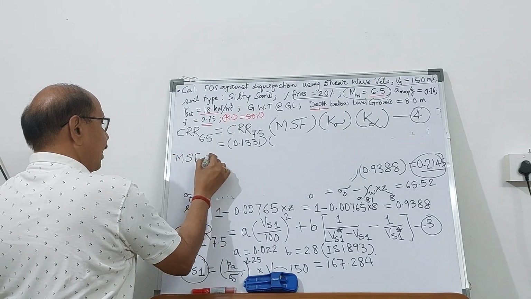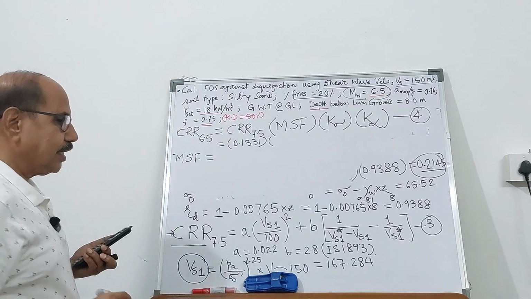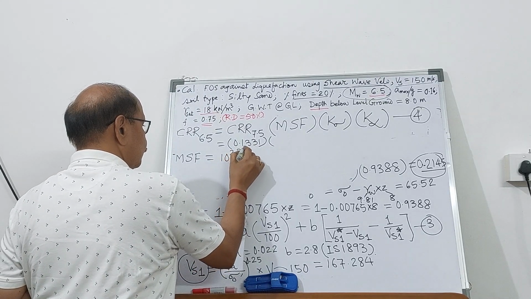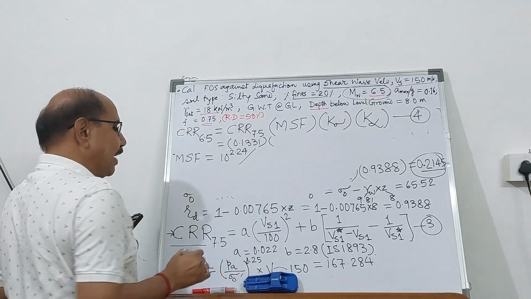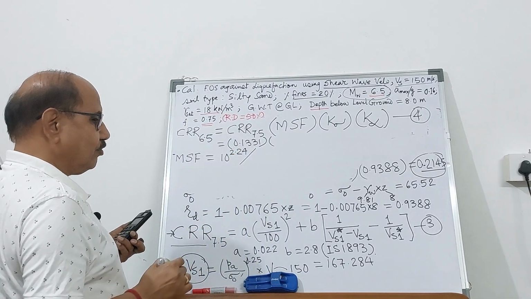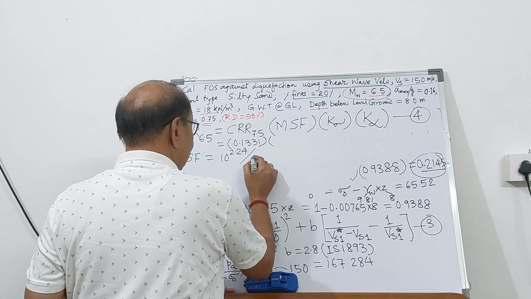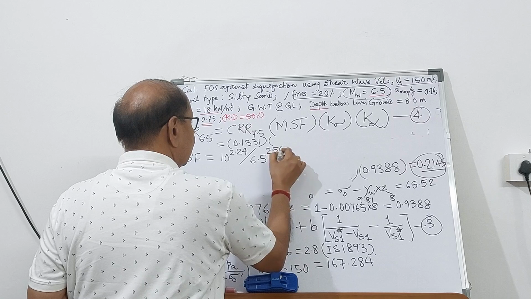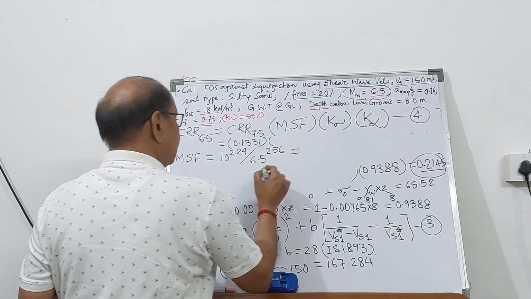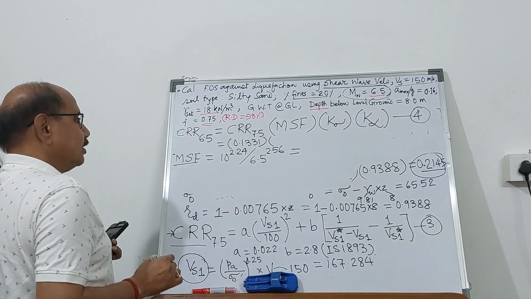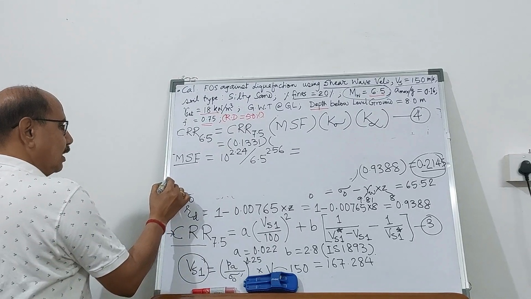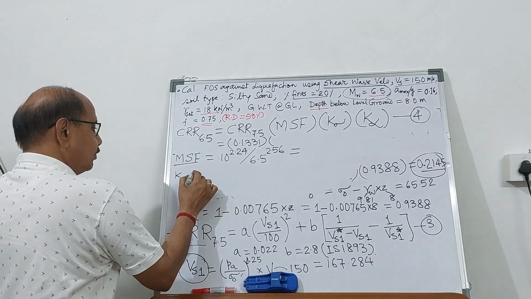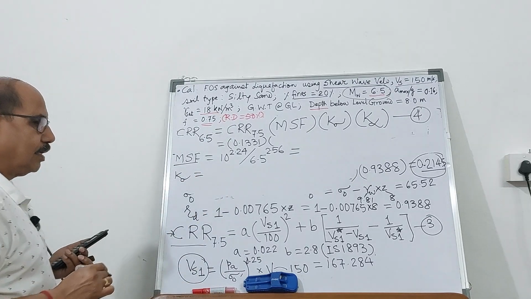So this scaling factor is going to be 10 raised to 2.24 divided by MW, that is the value of MW is 6.5, raised to power 2.56. This is the value of scaling factor, and also we can calculate the value of K sigma.